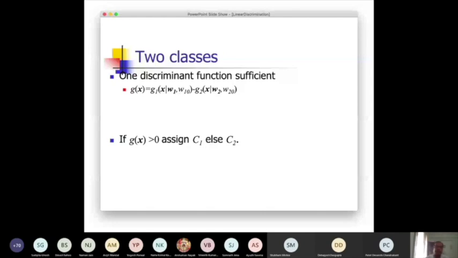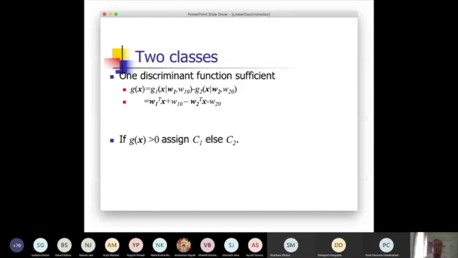So naturally, when gx is greater than 0, since g1 is tied up with the class c1, you should assign the corresponding feature vector x to c1. Otherwise, if it is less than 0, then you should assign it to c2. Now, if they are equal, it is a case of ambiguity, so we may not take any decision there.